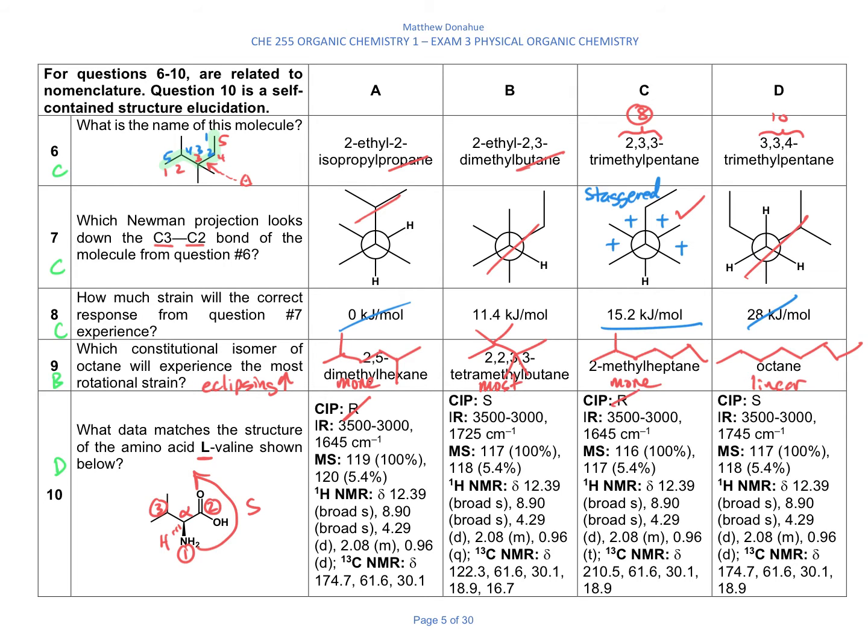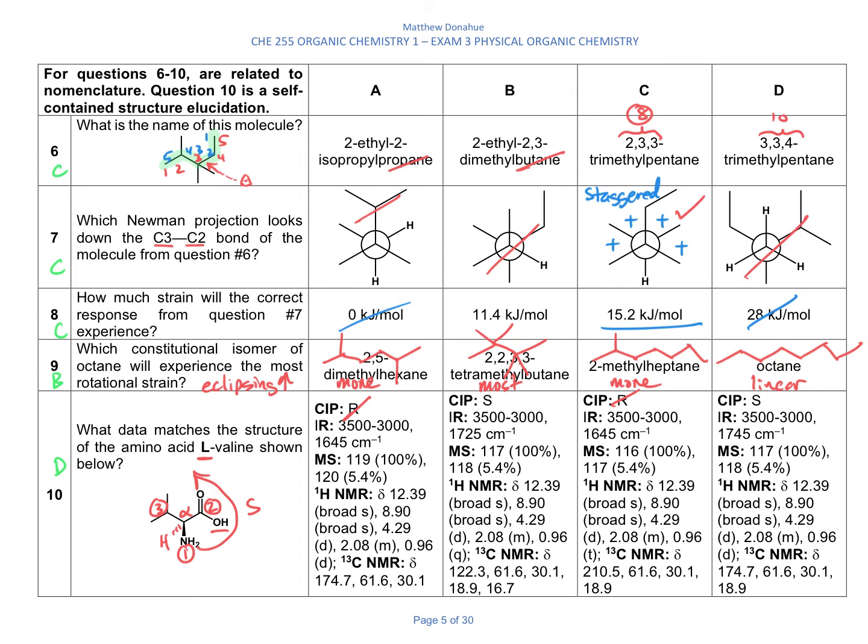We get rid of the R's. Now let's start looking at the data. So we have an acid, so we should have 3,500 to 3,000, so that's fine. We have the carbonyl, so something around 1,700 or so.